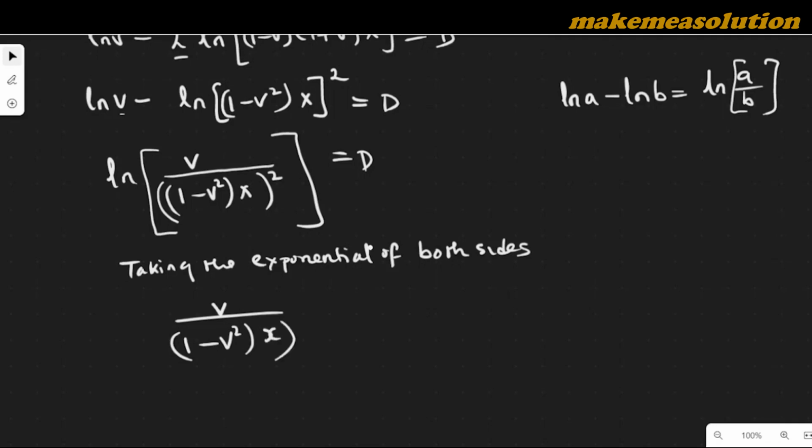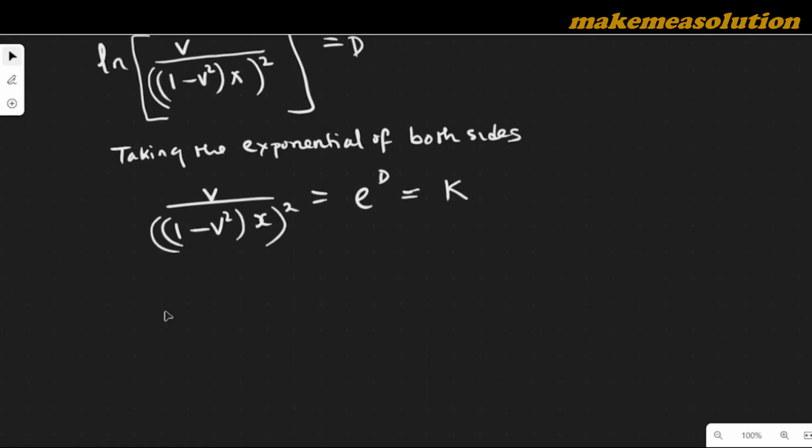It's just going to be exponential d, and I can call exponential d k, for instance. So we will now have at the end of the day that v is equal to k open brackets 1 minus v squared, then x, everything here all squared, like this.